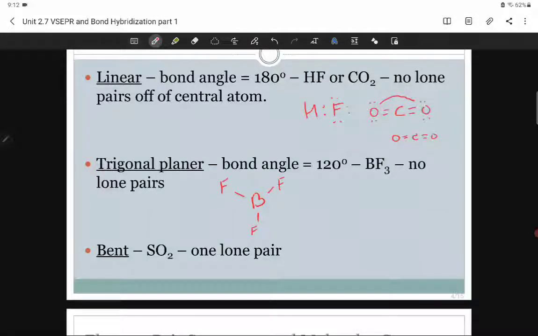And again, I didn't draw all the dots around the outside of the fluorines because that's not going to have anything to do with its shape. But if you think about this as a circle, here I'll draw a circle over here, and cut it into 3 pie pieces, each of those is going to have a bond angle of 120.